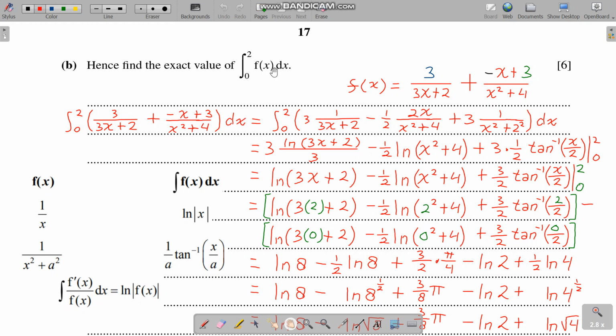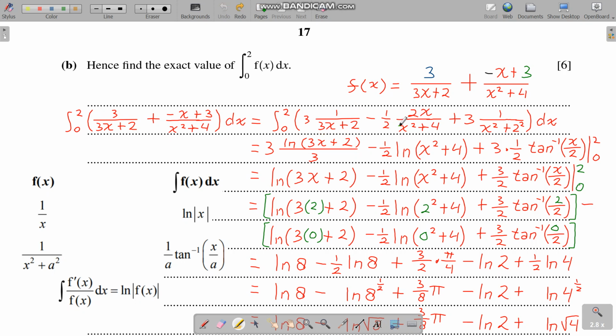So previously we know that this is the f of x from the partial fractions part, and now we are integrating this. First of all, we can move this 3 here, so it's 3 times 1 over something.